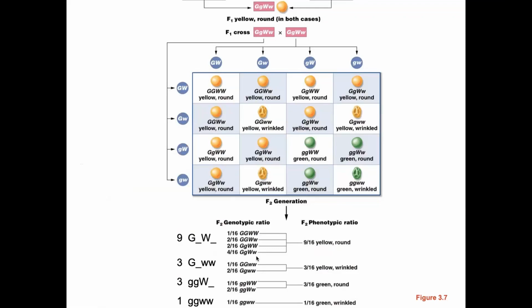Okay, so actually all of this information, both the genotypic ratios and all of the different genotypes that occur in that F2 population and the phenotypes and their relative proportions can be summarized over here in this little table or chart to the far left.